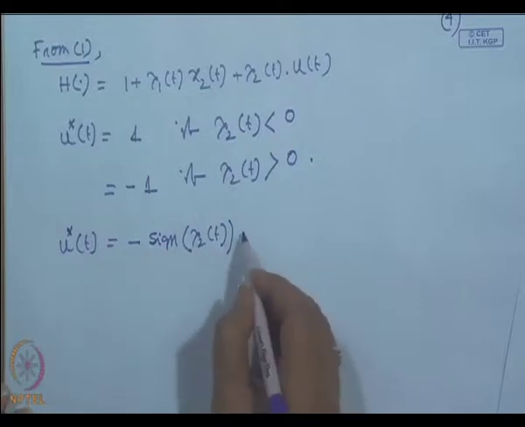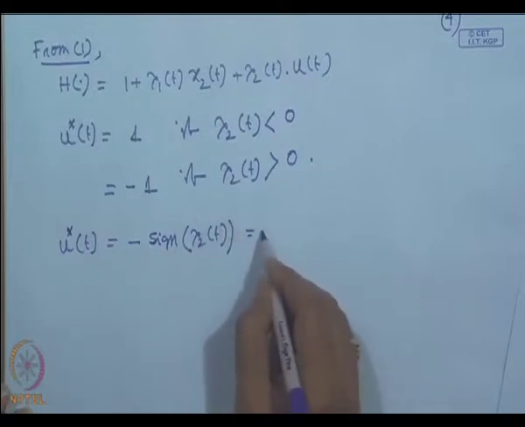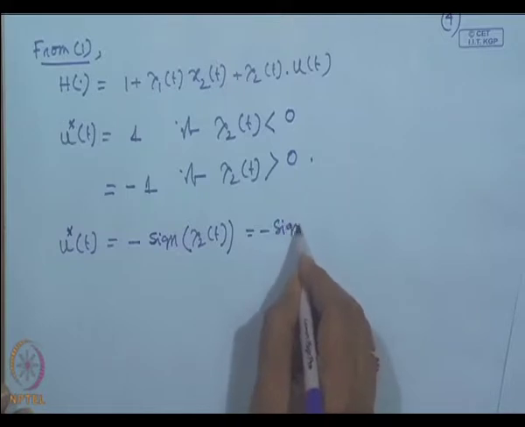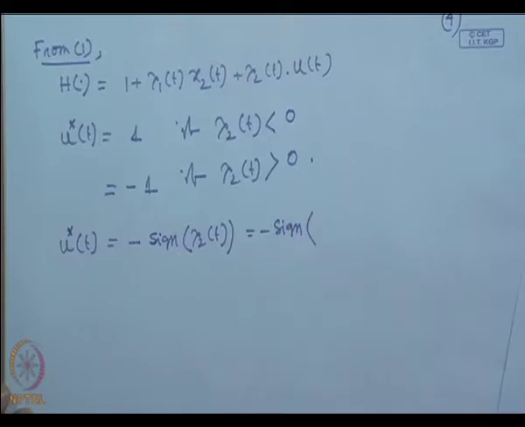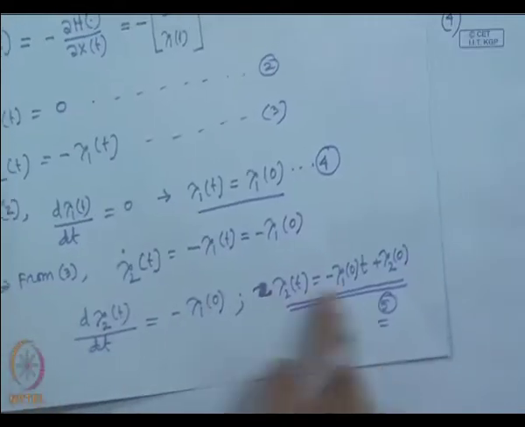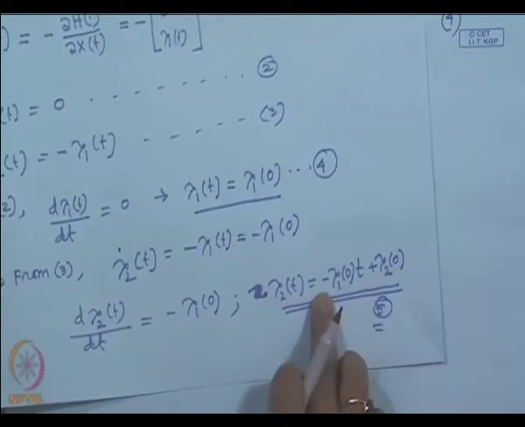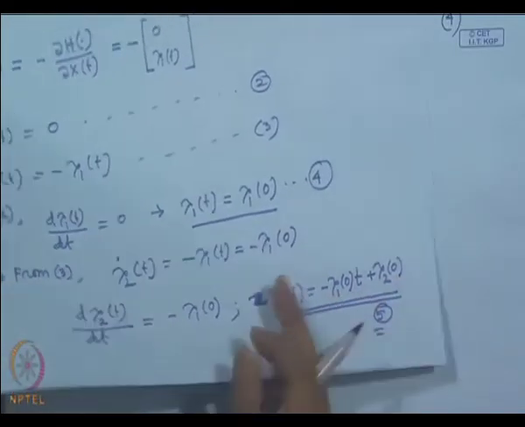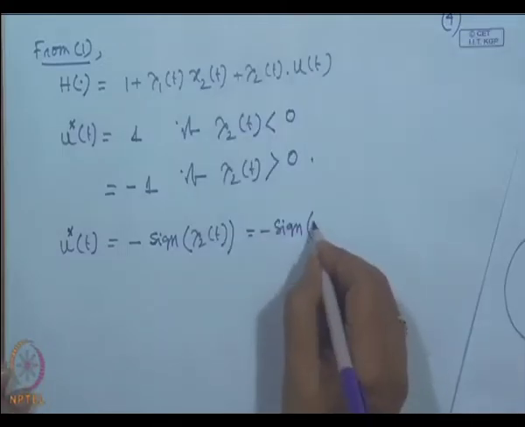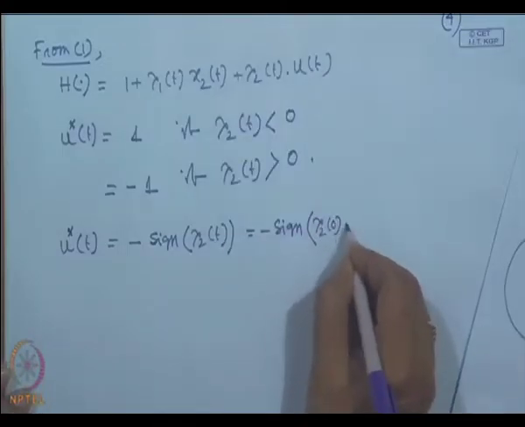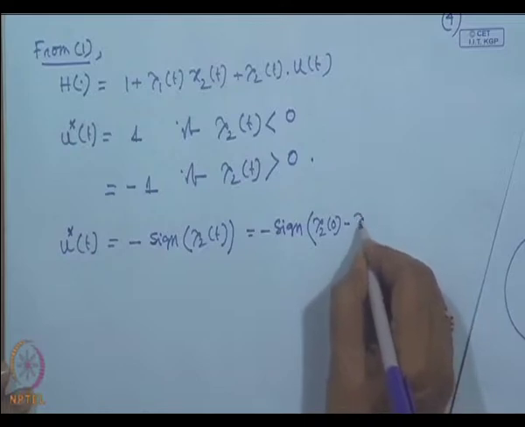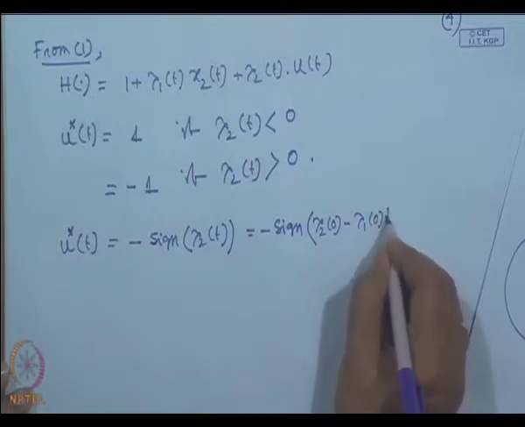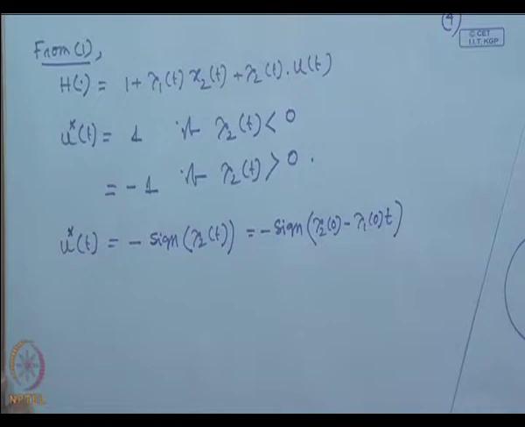You know the expression for lambda 2: lambda 2 of 0 minus lambda 1 of 0 into t. So I am writing lambda 2 of 0 minus lambda 1 of 0 into t. So, what is the sign function?